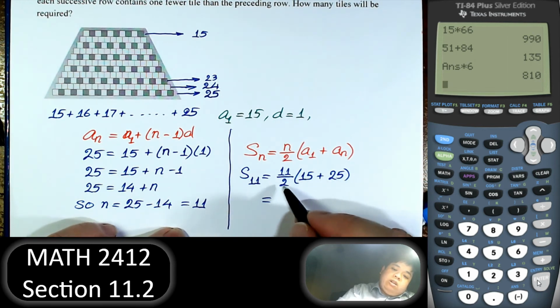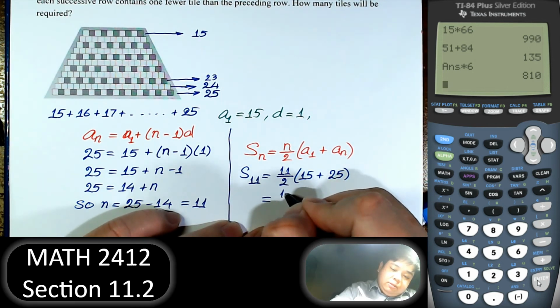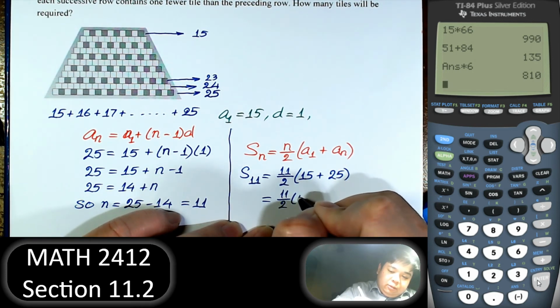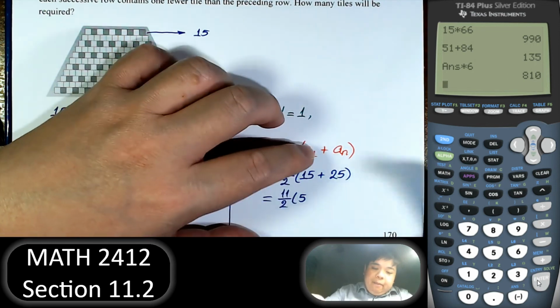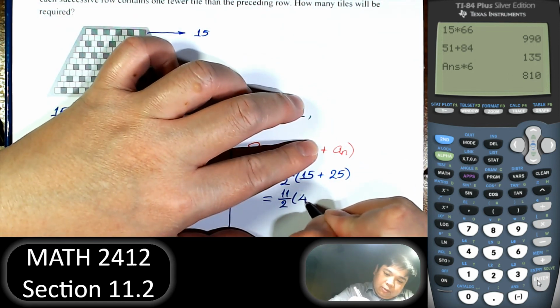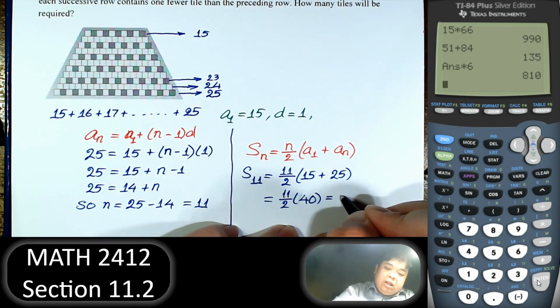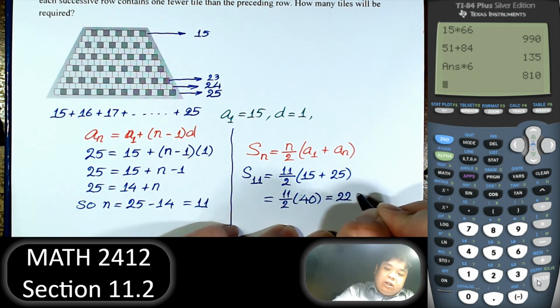So that is 40 divided by 2, which is 20, times 11. 20 times 11 is 220.